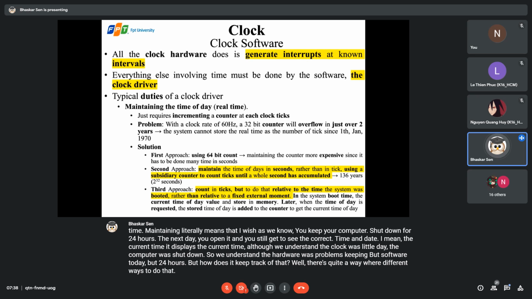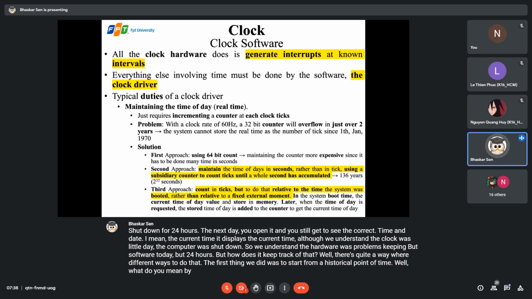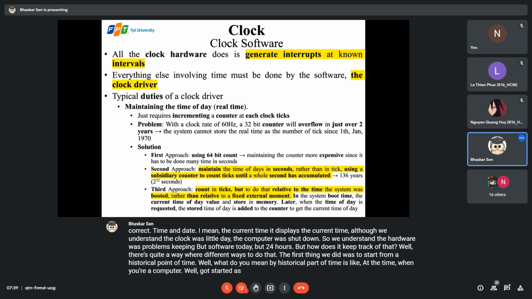The first thing we did was to start from a historical point of time. What do I mean by historical point of time? It is the time when your computer got started as a computer. In other words, the computer was assembled for the first time.